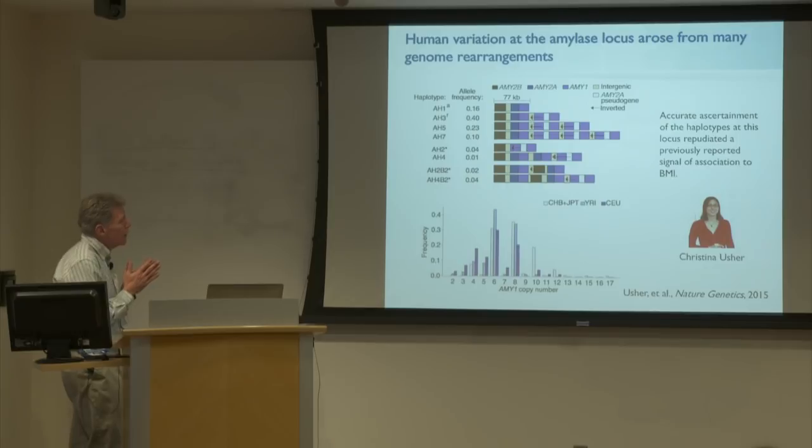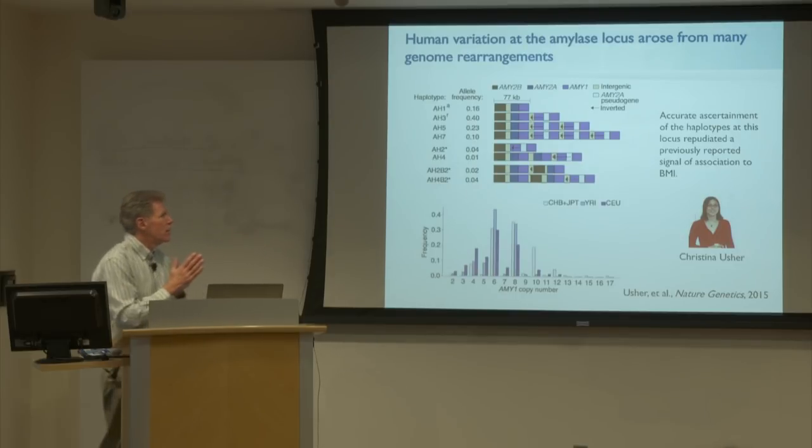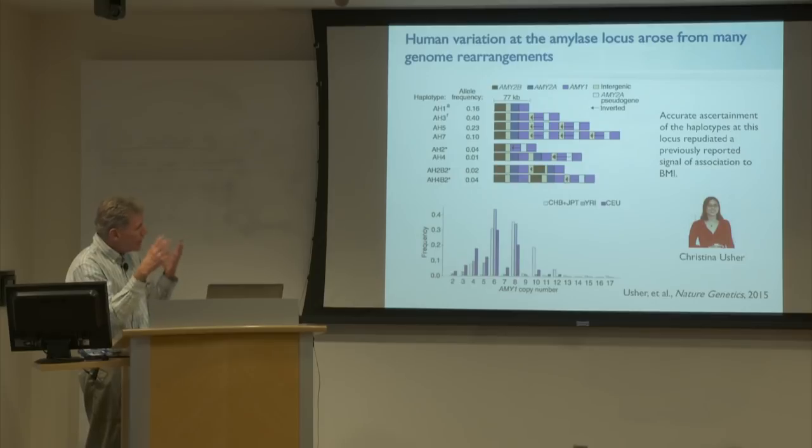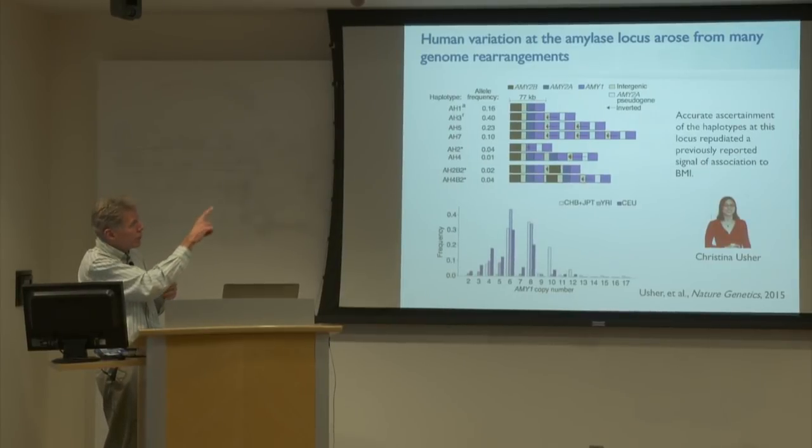A similar study was done at the amylase locus. Amylase is very polymorphic. Some people have up to 20 copies of the amylase 1 gene, and there's a bunch of genes altogether at the amylase locus that vary in copy number. There are a lot of complex structures at the amylase locus. They vary in copy number. Sometimes the copies are inverted, as shown by these little arrows.